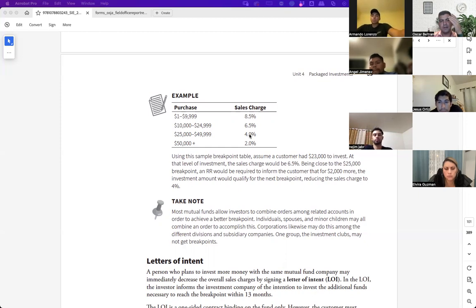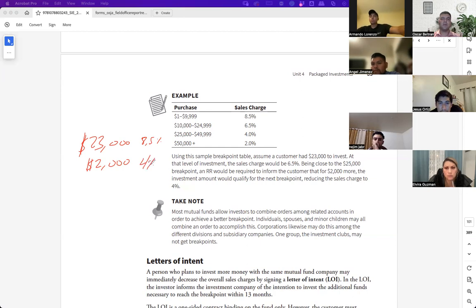So now as an investment specialist, you gotta inform, hey, Mr. and Mrs. Client, right now you're at $23,000. The next breakpoint is going to be at $25,000. Do you have that extra 2 grand to invest? It's going to drop your sales charge from 6.5% to 4%.